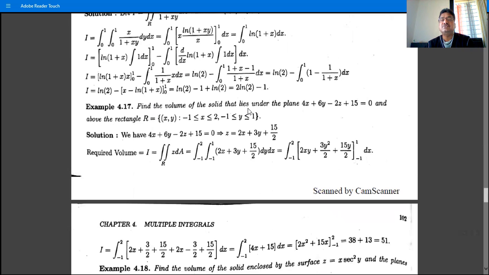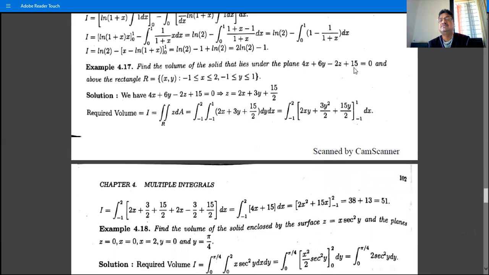Find the volume of the solid that lies under the plane 4x plus 6y minus 2z plus 15 is equal to 0, and above the rectangle R, x runs from minus 1 to 2, y runs from minus 1 to 1. So volume of the solid is double integration over R of z dA. This is the formula.